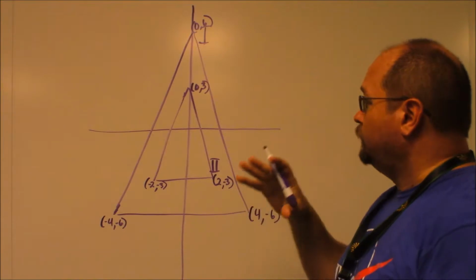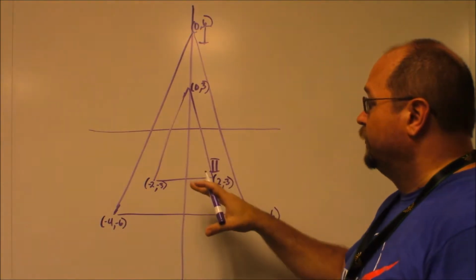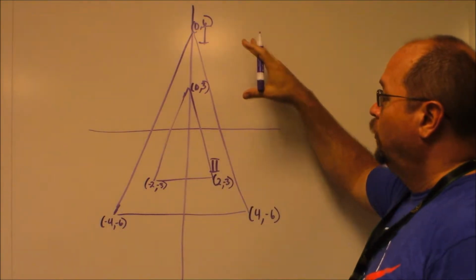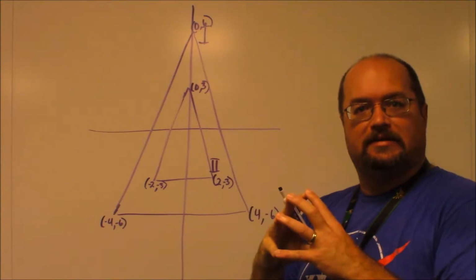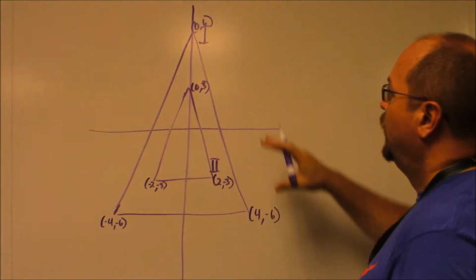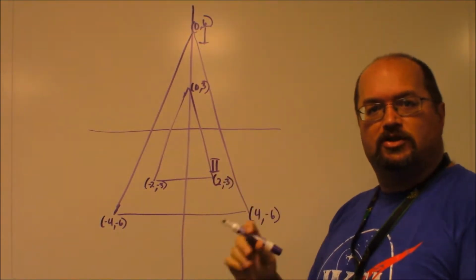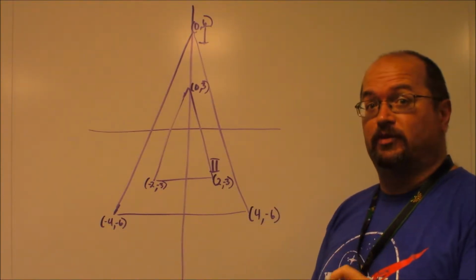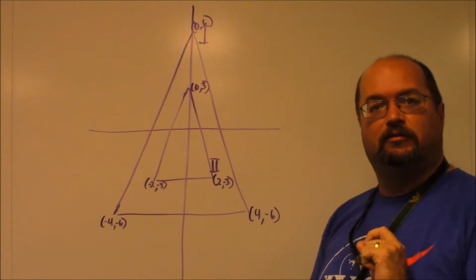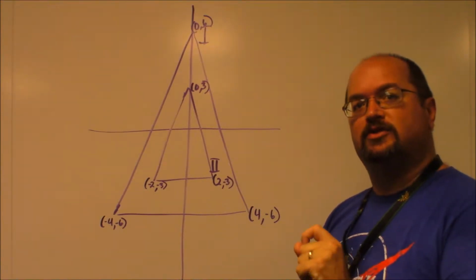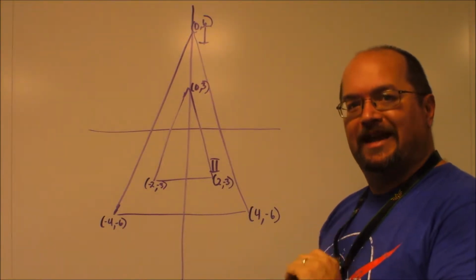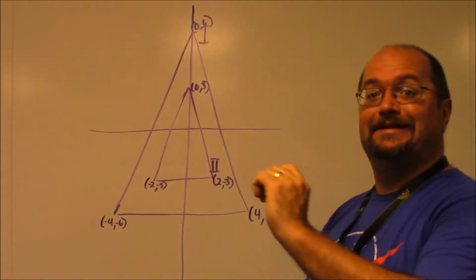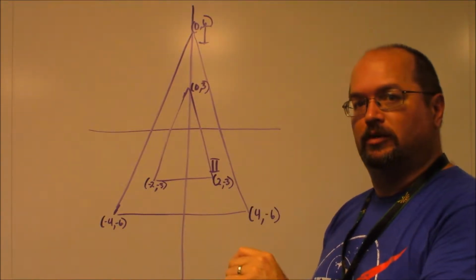All right, so in this case, from triangle 1 to triangle 2, we are decreasing in size. What you want to do in this situation is find one point, or a set of points, to see if you can figure out what the rule is. Then once you think you have the rule, test it on a different set of points to see if that rule holds true.